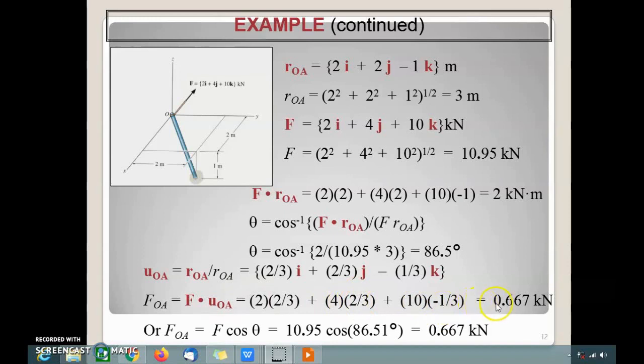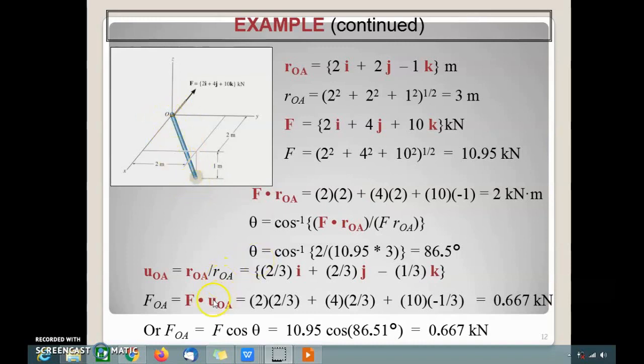So the answer is 0.667 kilonewton. So the whole force of the system is 0.667 kilonewton, and the effect is on the pole here. That's why we call it the projection force FOA.